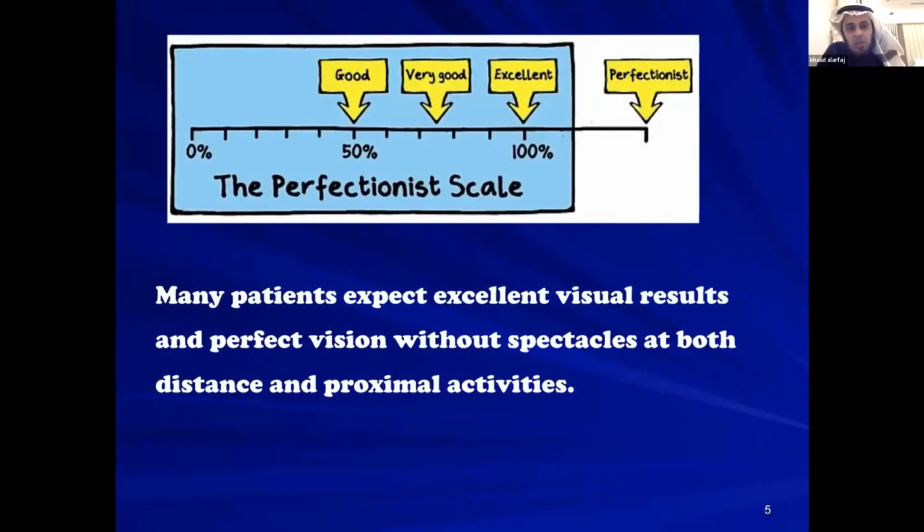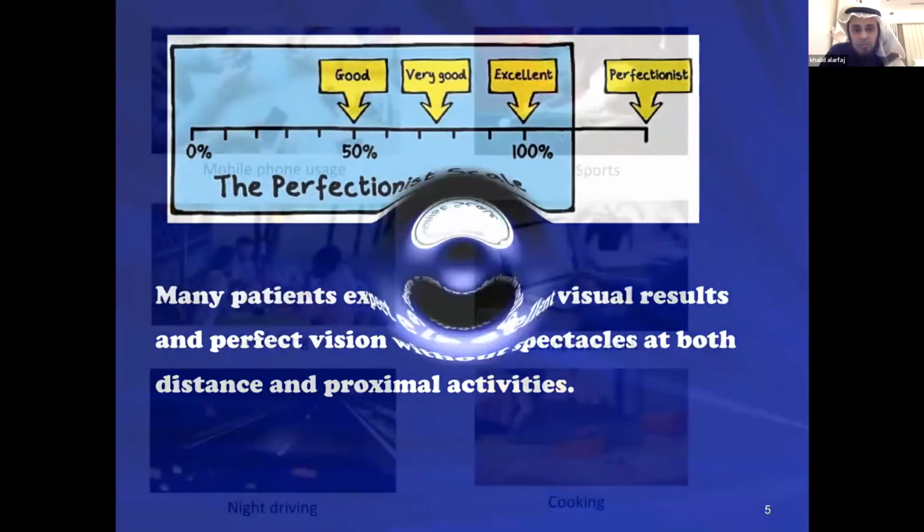We need to enhance our knowledge about the premiums more and more. Many patients nowadays expect the best and excellent results, and even a very small residual refractive error might decrease the outcome among them. So we need to be very precise among these patients.